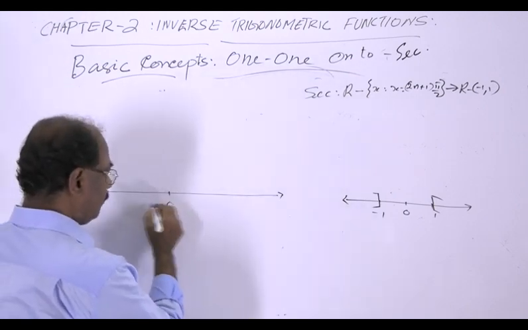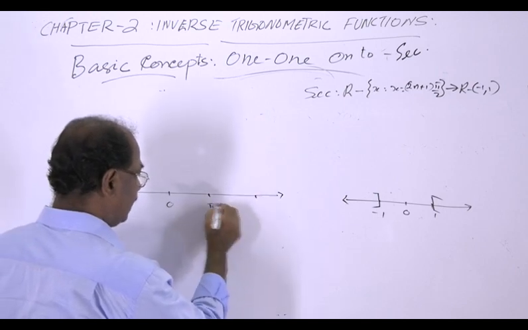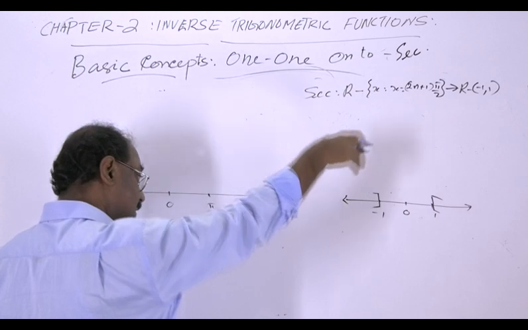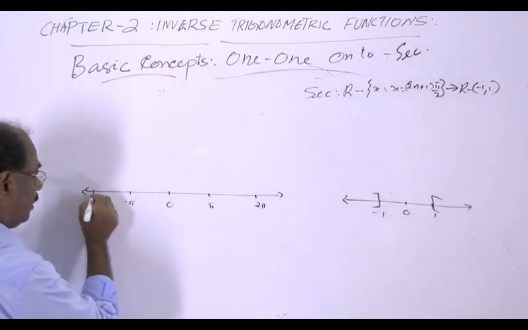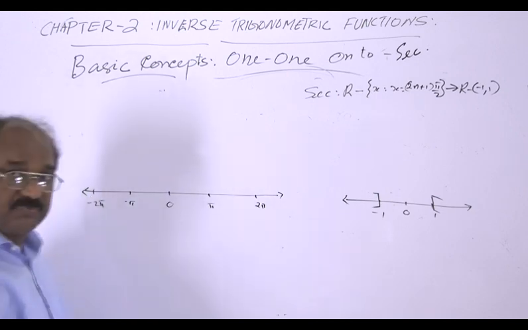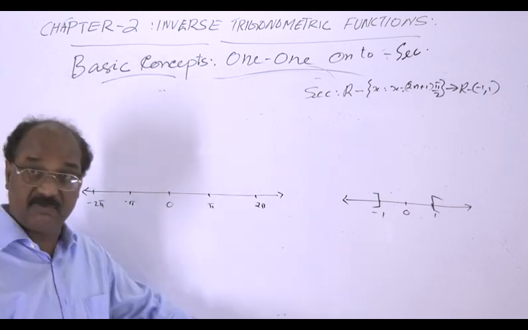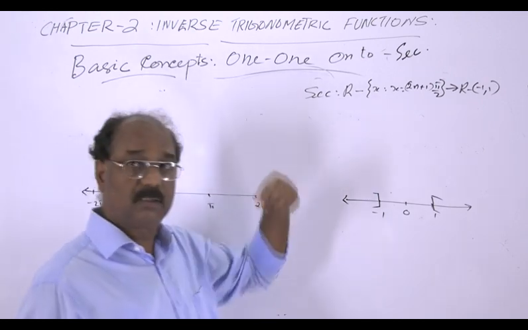Now consider the domain. Here we have 0. Suppose we divide this into pi, 2 pi, 3 pi, etc. towards the right, and minus pi, minus 2 pi, minus 3 pi, etc. towards the left. And exclude from this all the odd multiples of pi by 2.